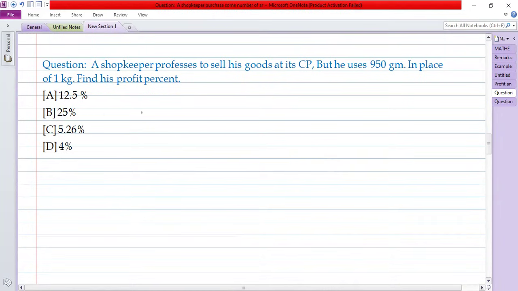So this is yet another type which goes by the name of dishonest shopkeeper.